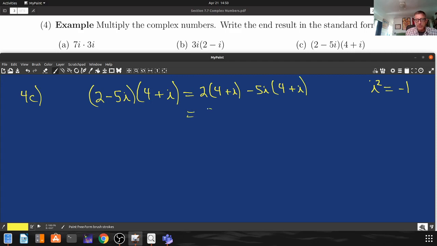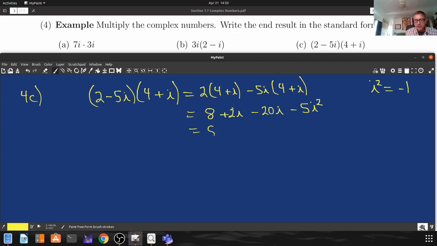Well, 2 times 4 is 8. 2 times i is plus 2i. Minus 5i times 4 is minus 20i. And minus 5i times i is minus 5i squared.